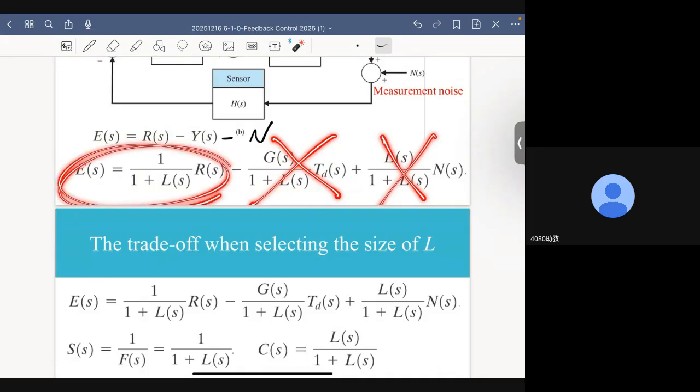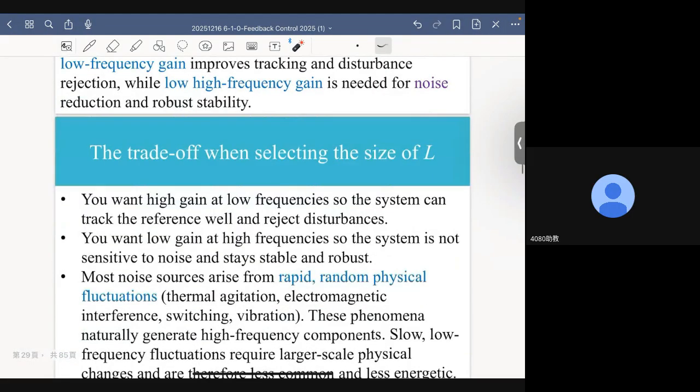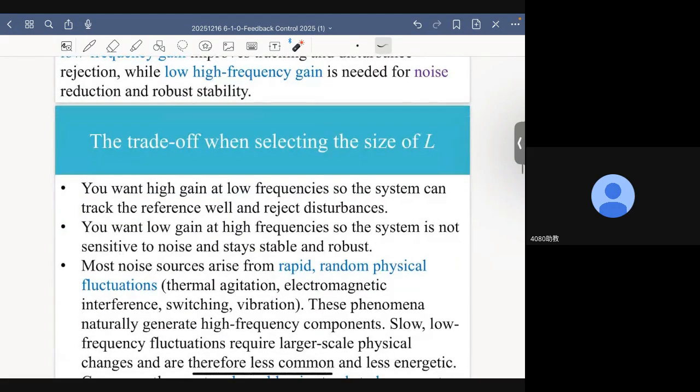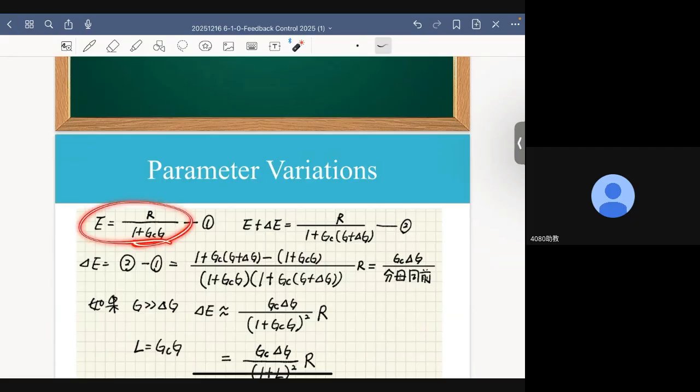The only error term I need to consider is this, all right? Because let's deal with uncertainties one term at a time. Okay, now without any input disturbance, without any measurement noise, this is the error of my feedback control system.